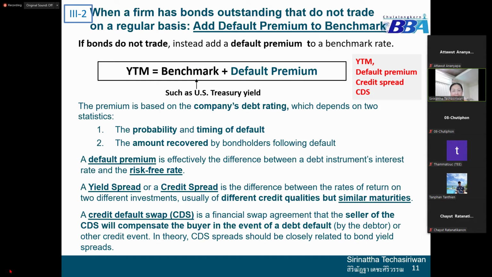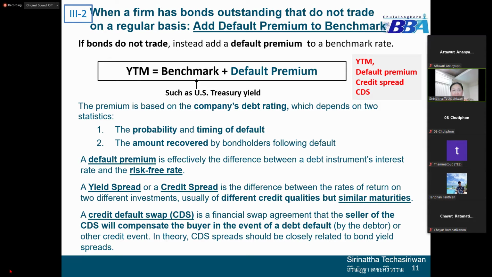Okay, the second scenario: if a company issues its own debenture with a credit rating. Actually, when any company issues a debenture, maybe you are confused about the wording, debenture and bond.